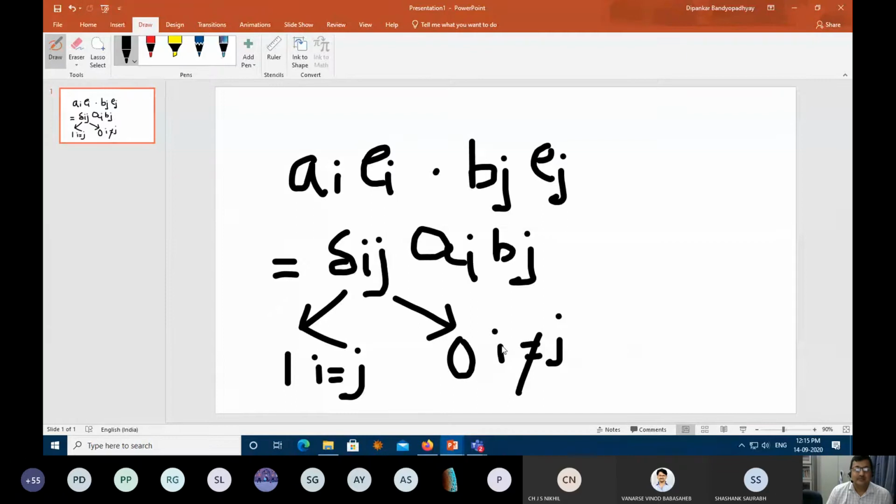So that means 1 1 will be 1, 2 2 will be 1, 3 3 will be 1, whereas 1 2 will be 0, 2 1 will be 0, 3 1 will be 0. So what will this lead to? This will lead to AI BI, which is your answer to the dot product.